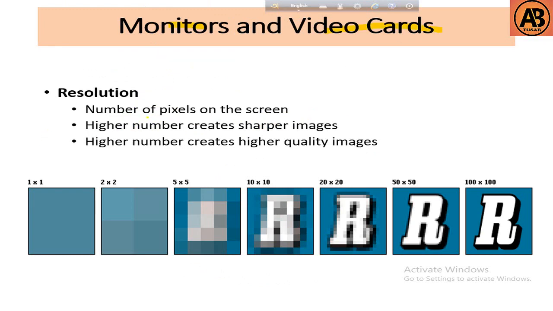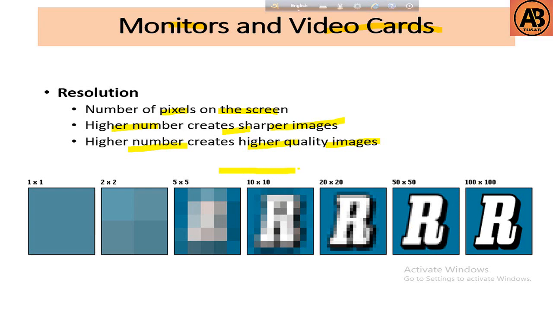Resolution. The number of pixels on the screen is known as resolution. A higher number creates sharper images. A higher number creates higher quality images. Here you can see 1 by 1 no image, then 2 by 2 no image, 5 by 5 unclear image, 10 by 10 unclear, 20 by 20 unclear, 50 by 50 clear, and 100 by 100 very clear.